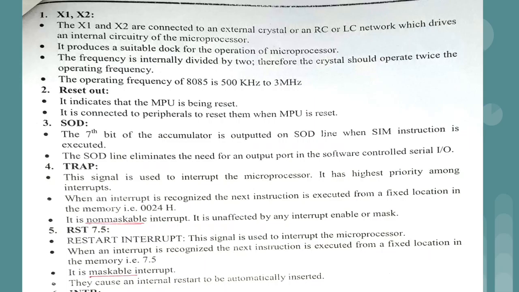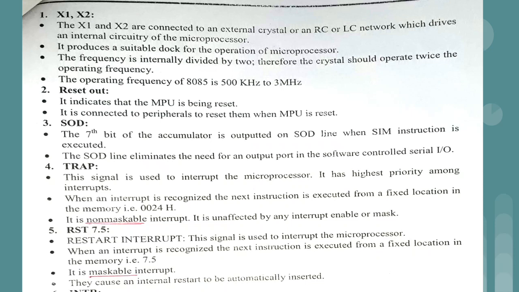So first we have the X1 and X2 pins. The X1 and X2 are connected to an external crystal or an RC or LC network which drives the internal circuitry of the processor. Internal circuitry means, as we all know, the microprocessor which we are using is one of the components of the system.